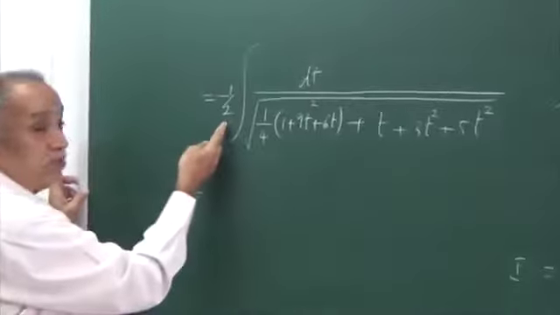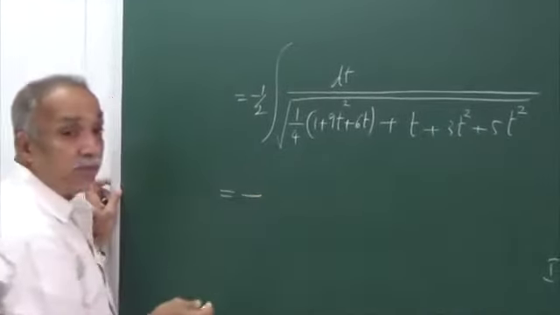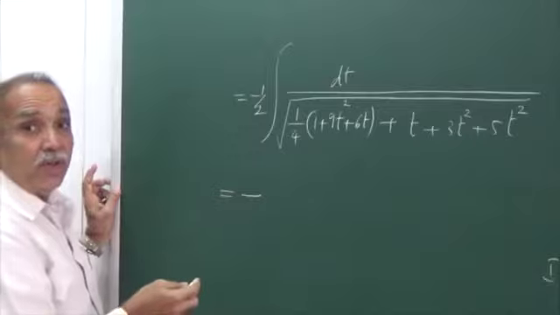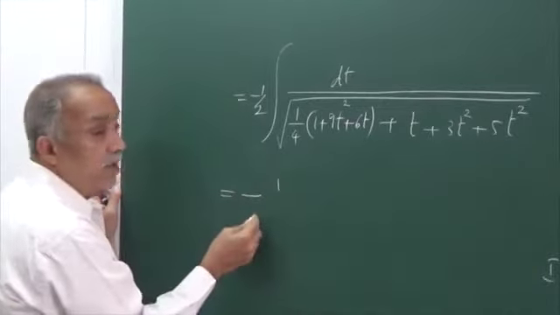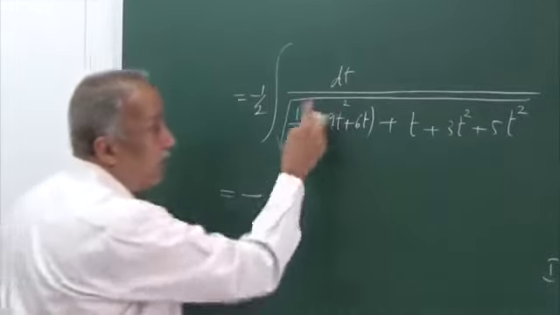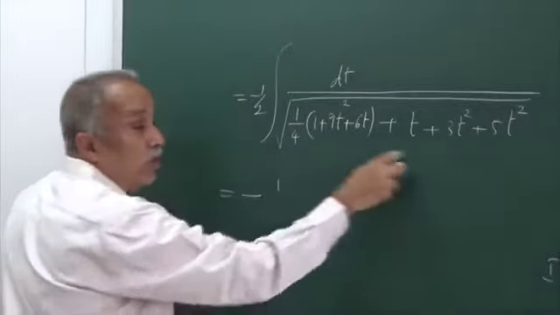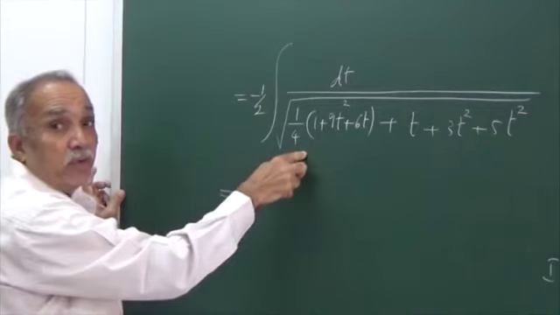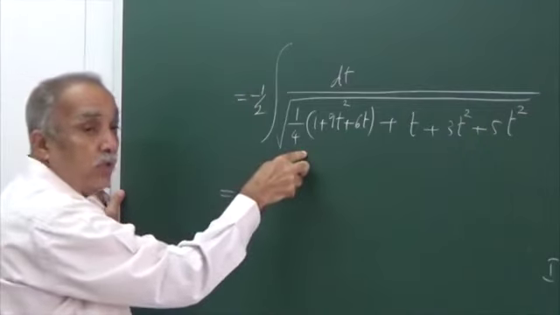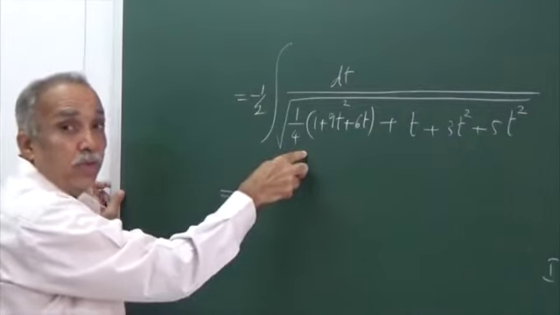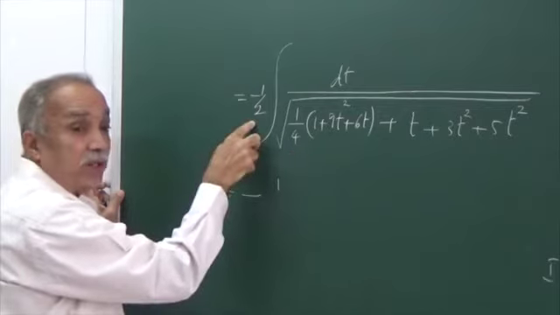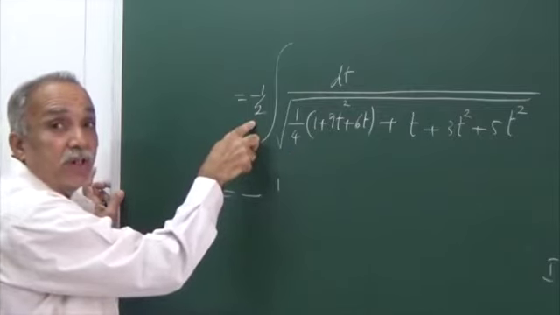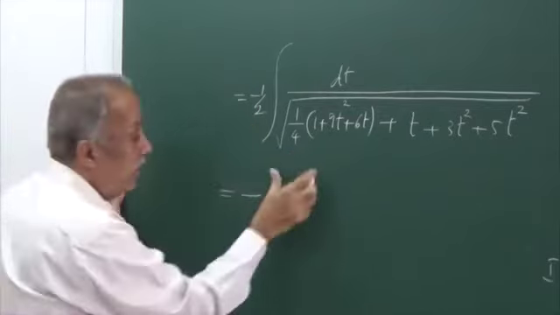I will throughout multiply this by 4, so that nowhere you find fractional coefficients. As a result, this gets affected. This becomes minus. I am multiplying this by 4. To balance that, I will have to divide it outside by 4, not 4, root 4, that is 2, and therefore the coefficient outside becomes 1. Okay.